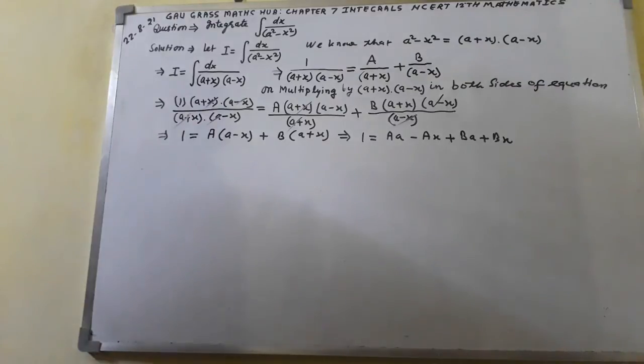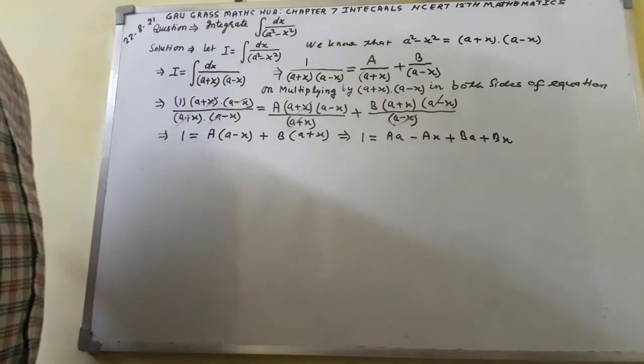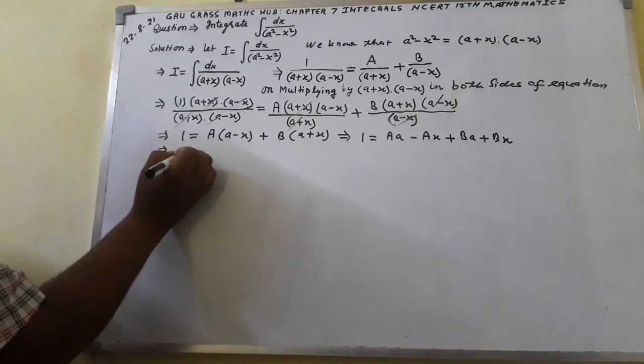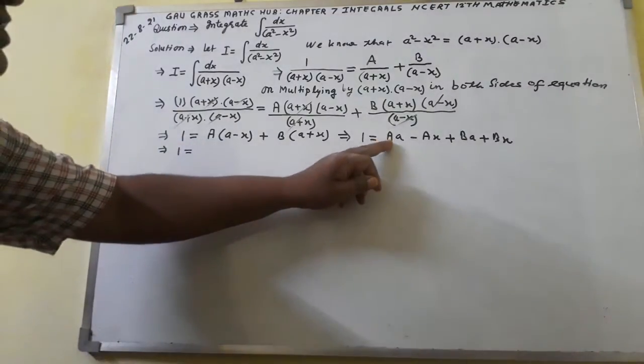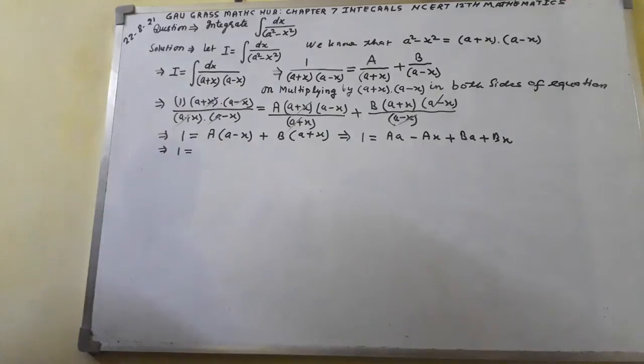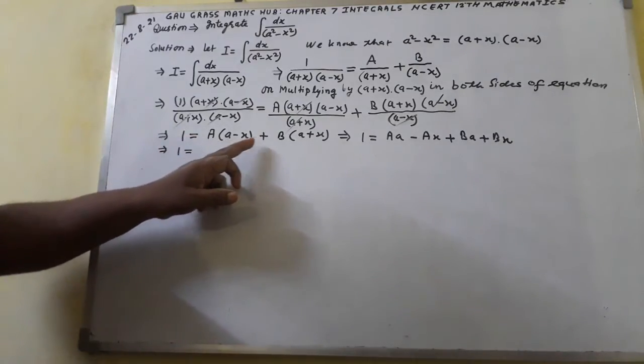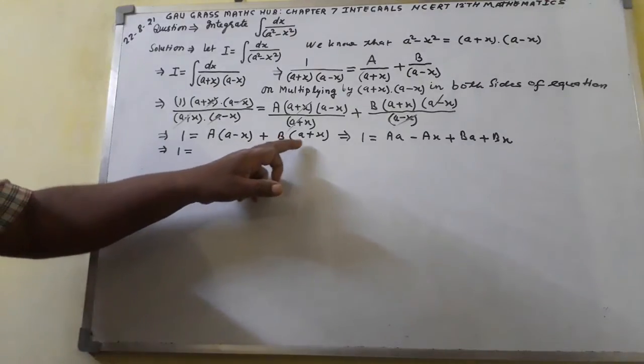Now what to do next? Next I shall write 1 equal to, from here you can see, just grouping the things here: Aa minus Ax plus Ba plus Bx.